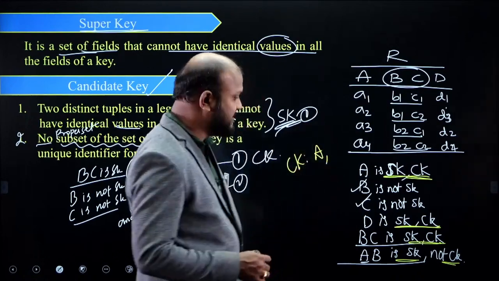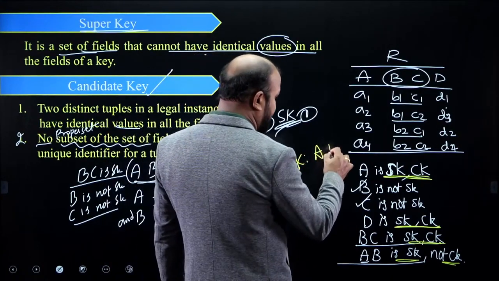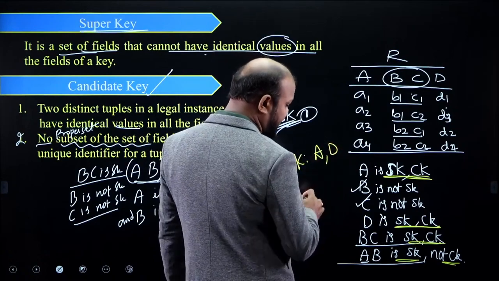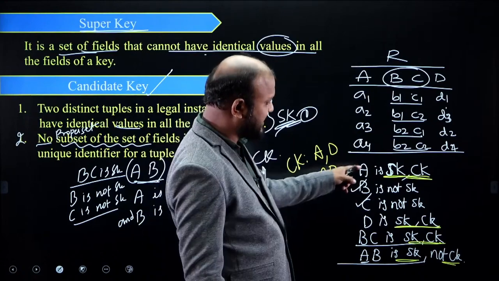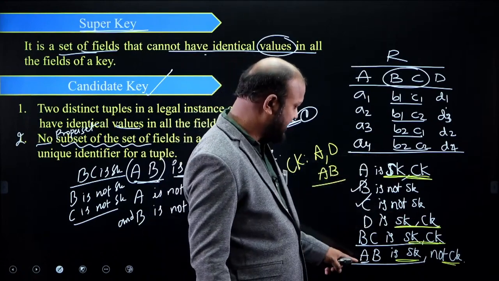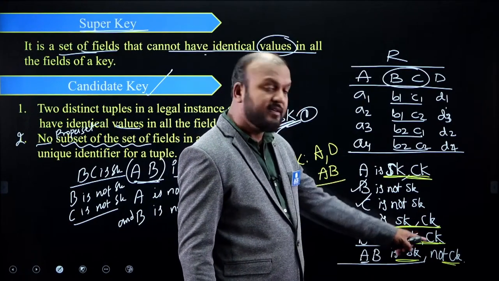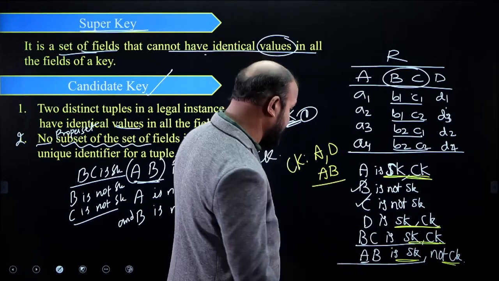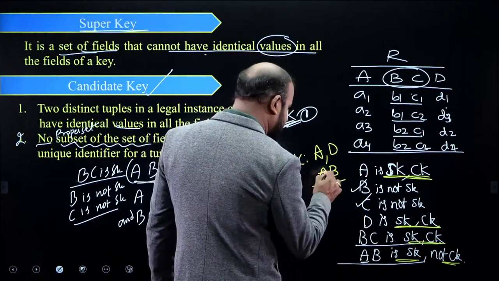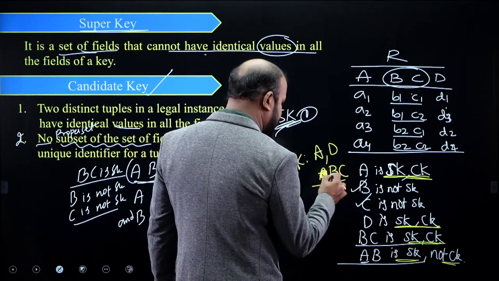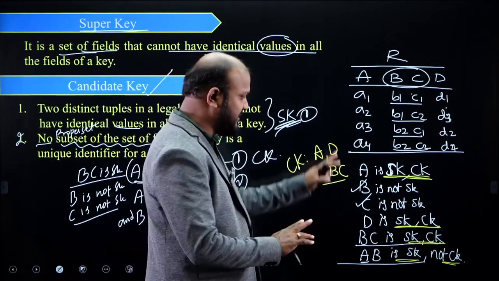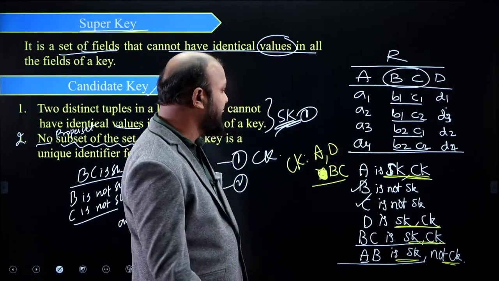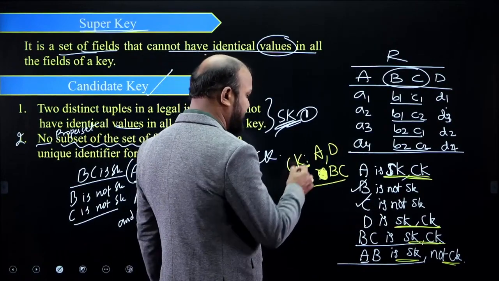For this instance, A, D and BC are the candidate keys. How many candidate keys do we have? A, D and BC, just in this example.